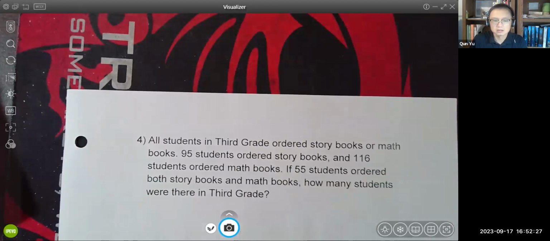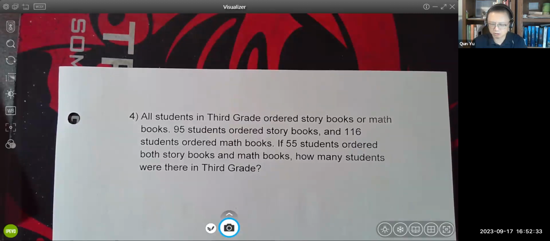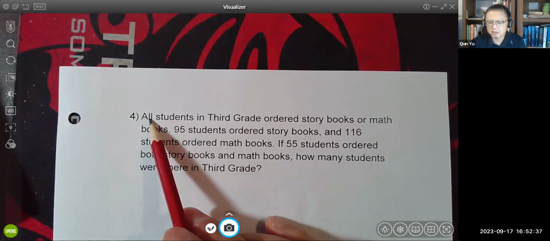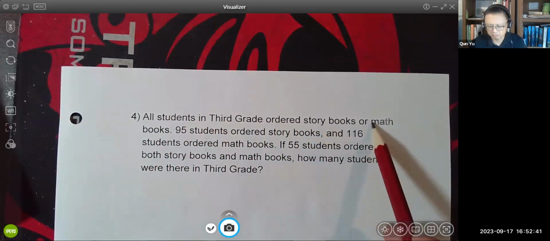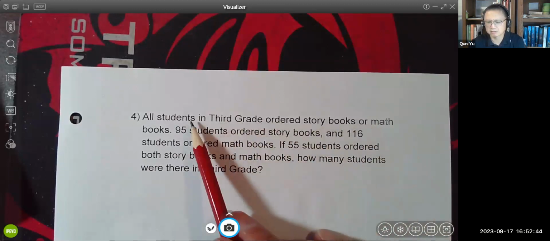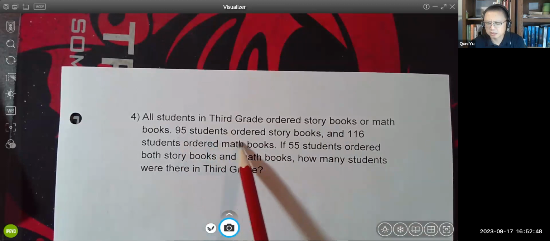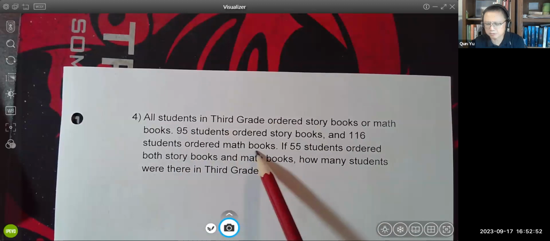Number 4, all students in 3rd grade ordered storybooks or math books. That means the universal set represents all of those students who ordered either book, because all students ordered at least one book. Now, 95 students ordered storybooks and 116 students ordered math books.